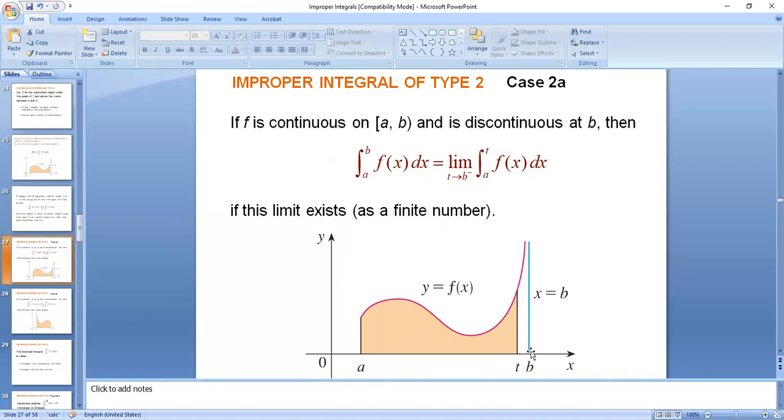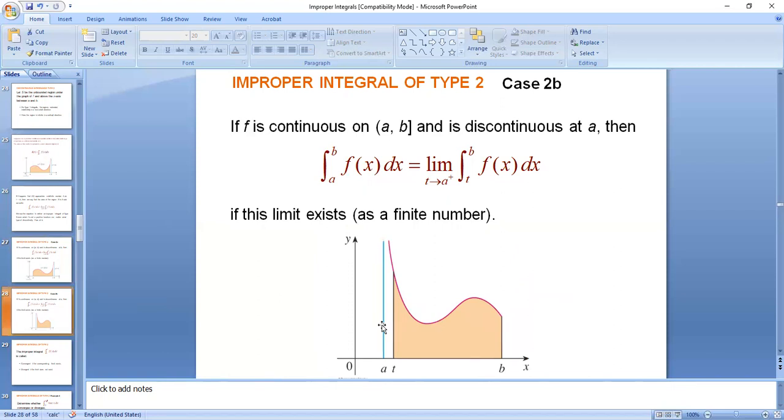It's not included. So here it is infinitely extending upwards for the line x equal to b. Same thing here, infinitely extending upwards for the line x equal to a. So this is for case A and B under type 2.